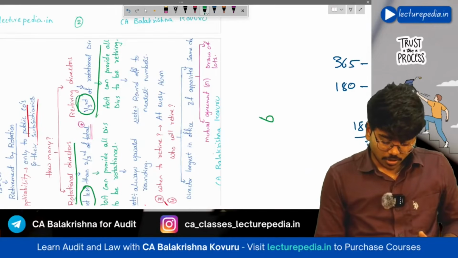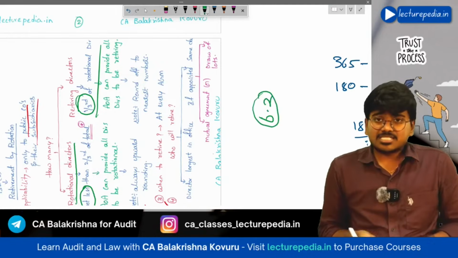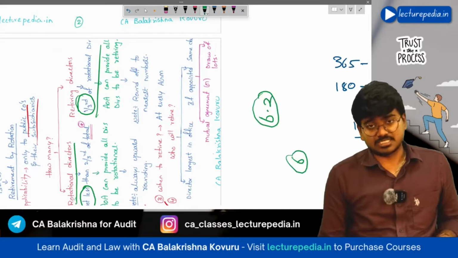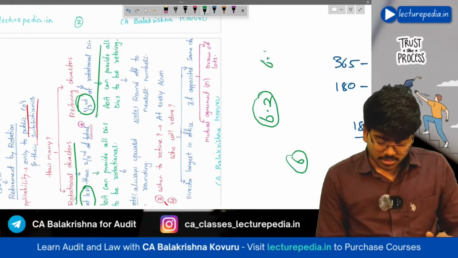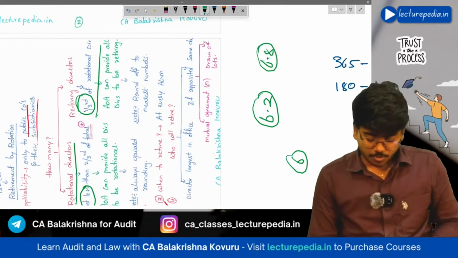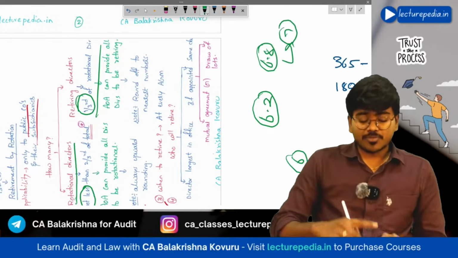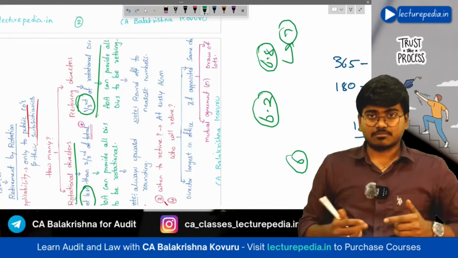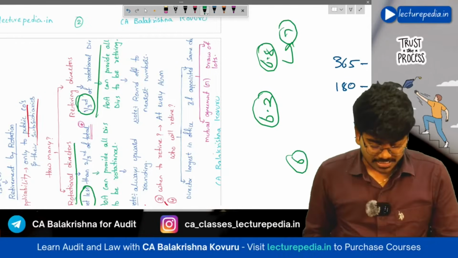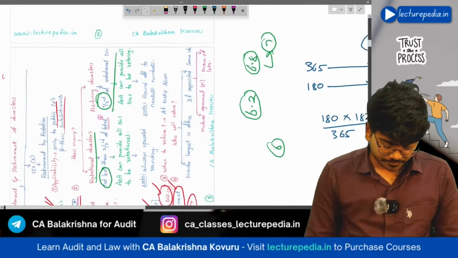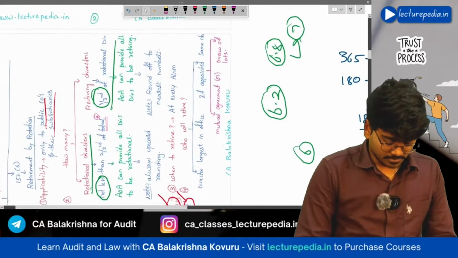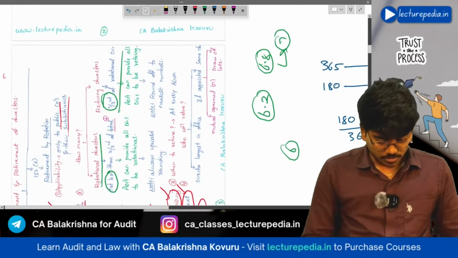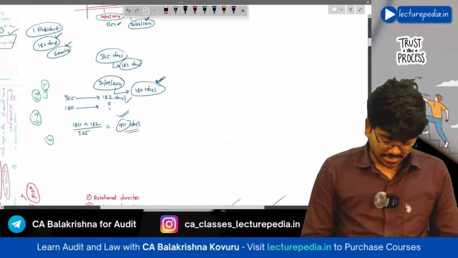Let's say you have got 6.2, nearest to 6.2 is 6. Let's say you have got 6.8, nearest to 6.8 is 7. So you have to either round up or truncate, based on the decimal that you get. Hope that is clear. That is another point with respect to rotational and retiring directors.